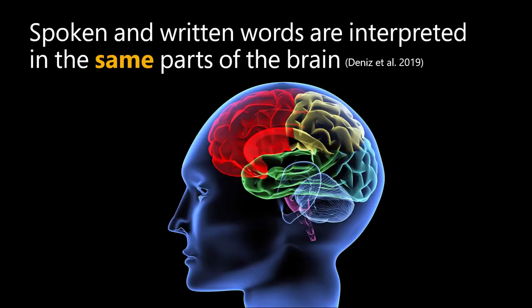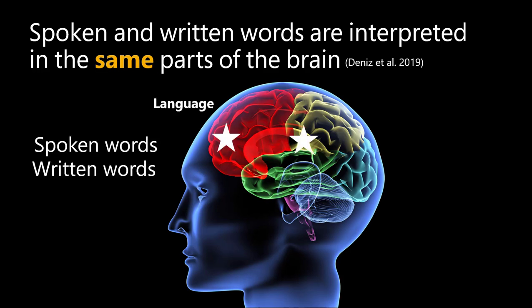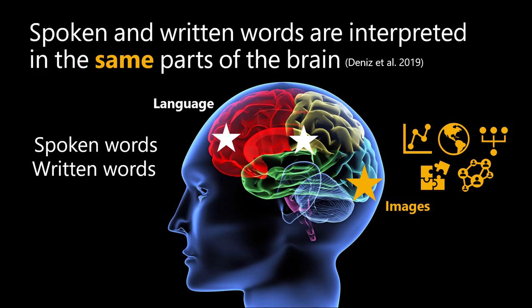However, spoken and written words are interpreted in the same part of the brain, the language processing areas, and images are processed elsewhere.